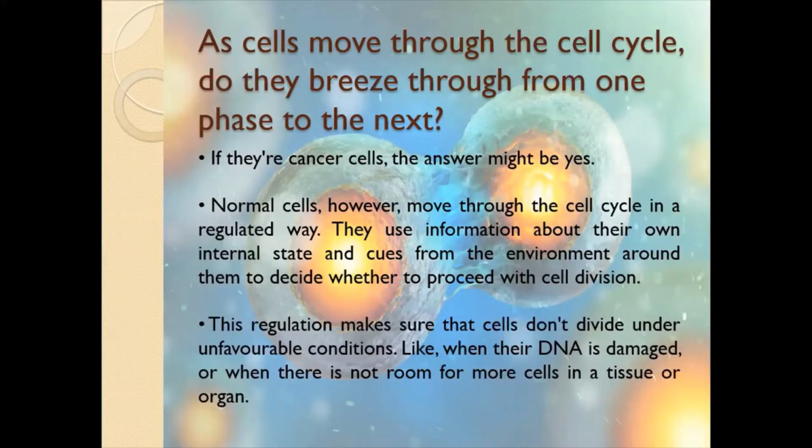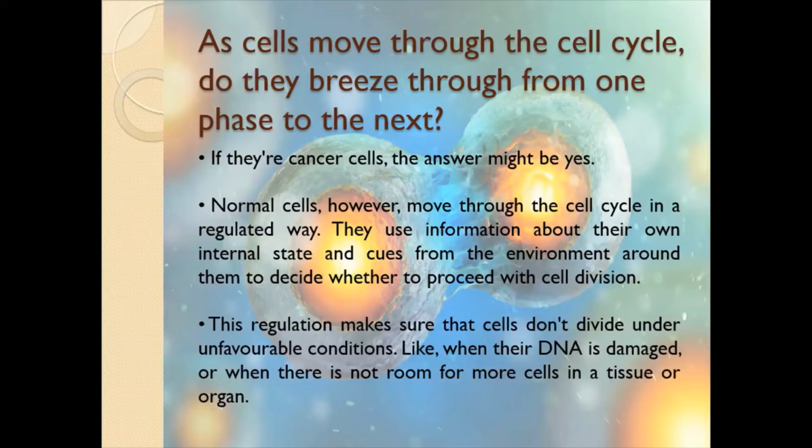This regulation makes sure that cells don't divide under unfavorable conditions, like if the DNA is damaged in a particular cell. When the DNA is damaged, that damaged DNA should not go into the next division phase; that should be restricted.